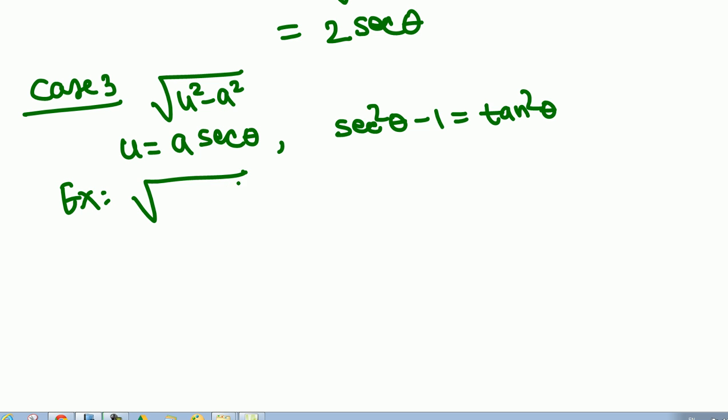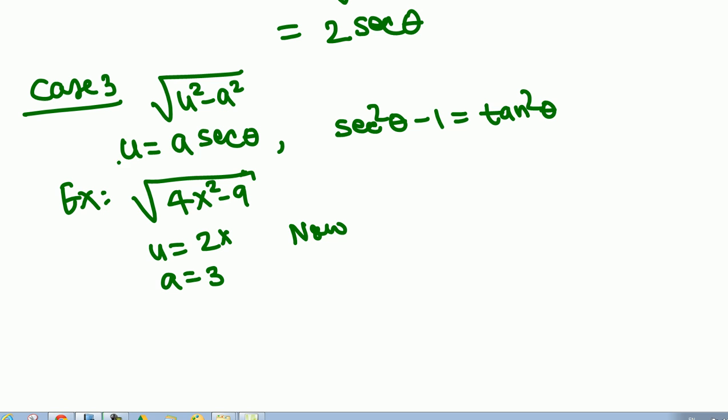Suppose we have 4x squared minus 9 in the integral we are trying to evaluate. In this case, u is 2x and a is 3.